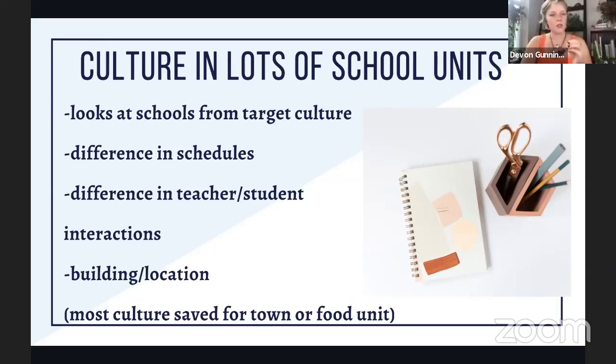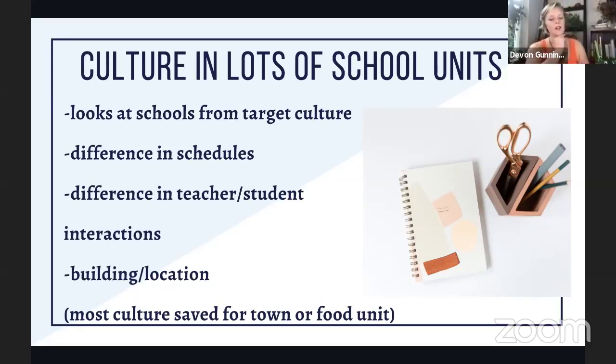What you can also see in a lot of these school units is that the difference in teacher-student interactions is approached on more of a surface level, because how else are you going to approach it, right? So today I'm going to show you a different way that you could approach it. Then you might even talk about building and location and how that's different, because that is definitely some tangible products, practices, and perspectives of cultural differences.